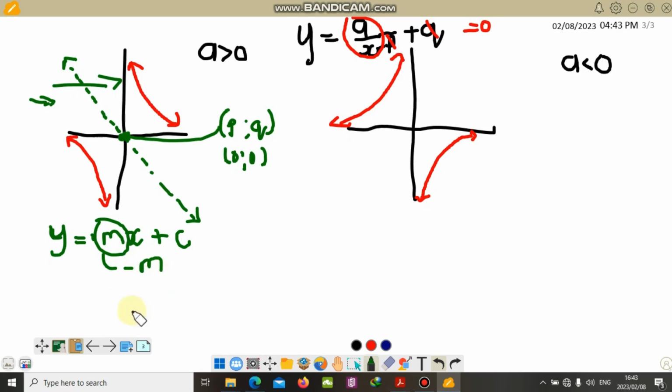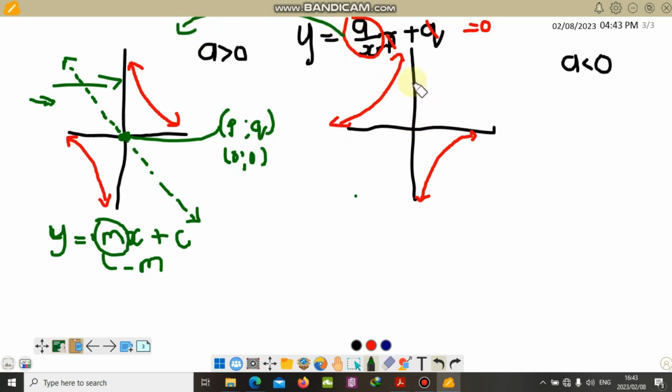And you remember how to get m, also explained on part 2 of the hyperbola. For this side, p and q are still the same. But for this graph, this was for that because a was positive.